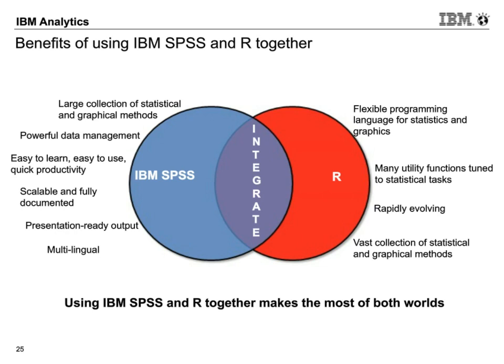You have powerful data management capabilities in SPSS, and at the same time you have so many extension packages that you can download from R, so they can integrate with stats. At the same time, it's scalable, it's documented, you can get a lot of help, and it's multilingual as well. Typically people are using different languages in different countries for sure. So those are some of the highlights of using these things together.